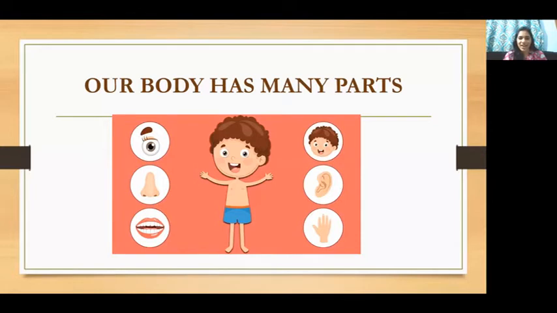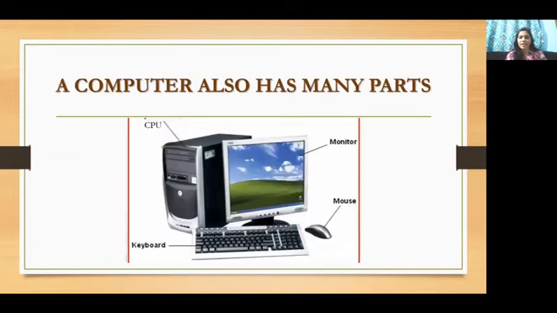In our last class, we have studied that computer also has many parts like our body. Our body has many parts like eyes, ears, nose, hands, like that. Computer also has many parts, and we have discussed mainly 4 parts, isn't it?